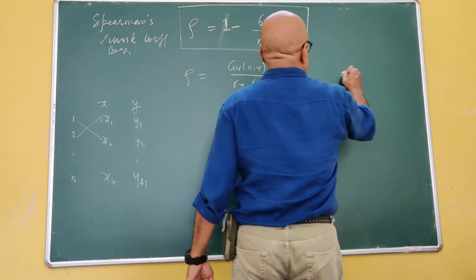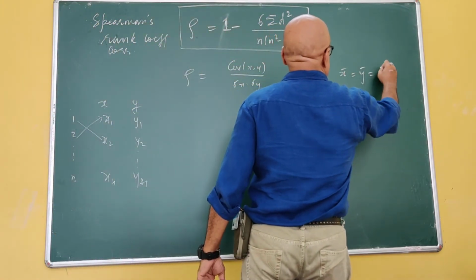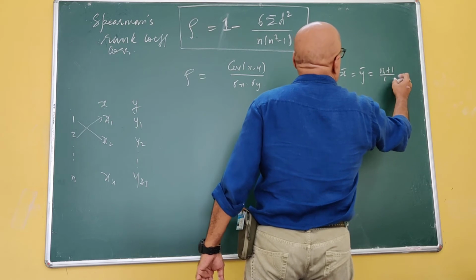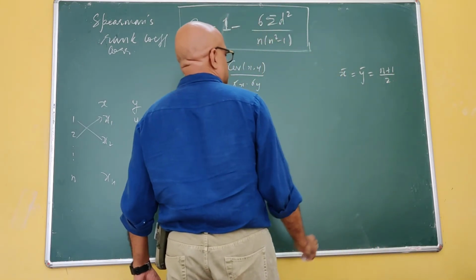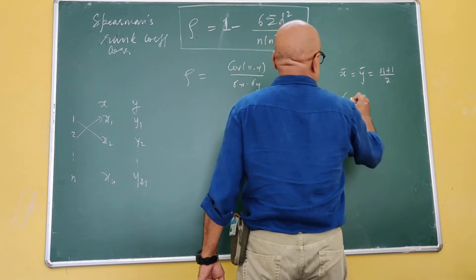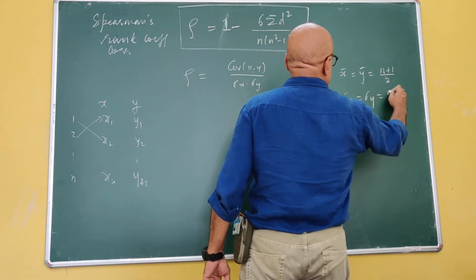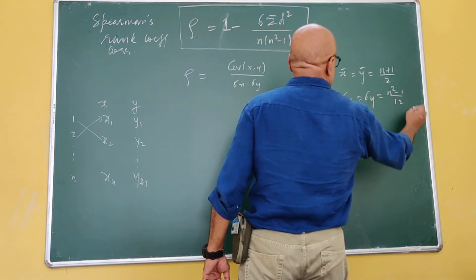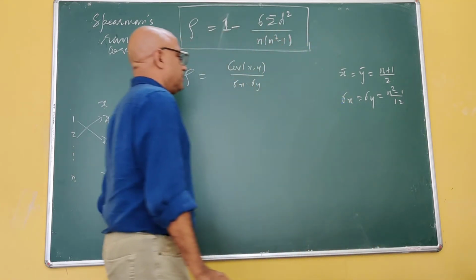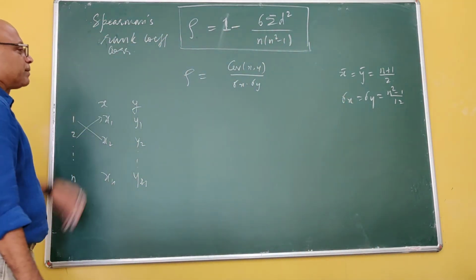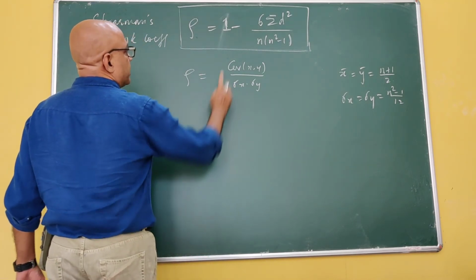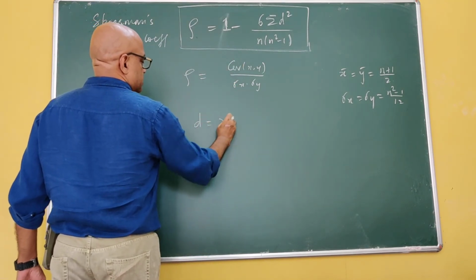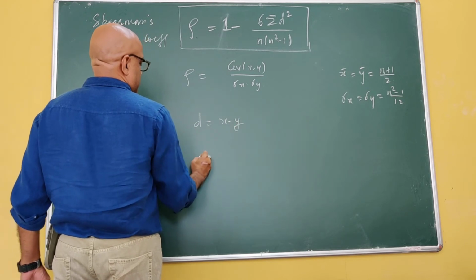First of all, we showed x bar is equal to y bar is equal to n plus 1 divided by 2, right? Yes, it is. Then we showed sigma x is equal to sigma y is equal to n square minus 1 divided by 12. I am not showing that again, but that's not difficult. Now, you know d is x minus y.